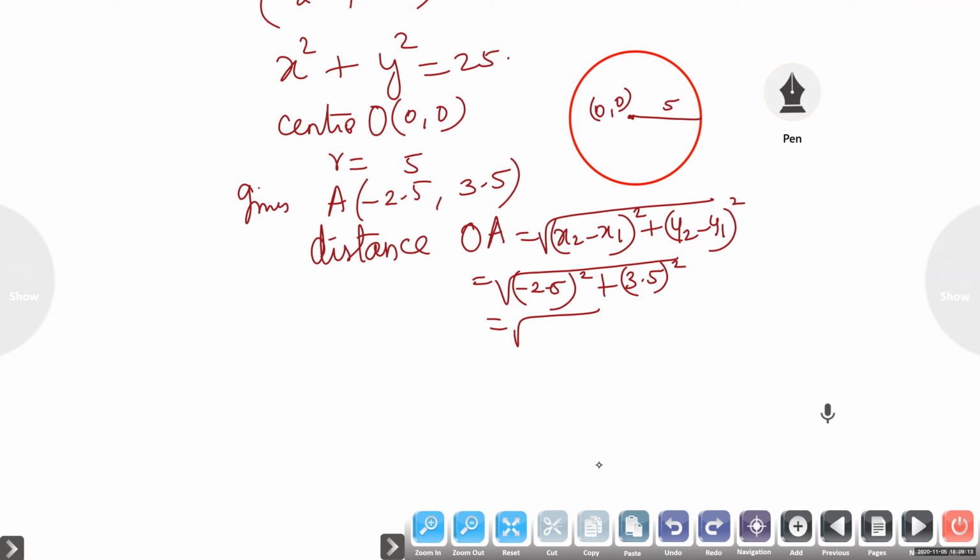What is 2.5 the whole square? 6.25. Then what about 3.5 the whole square? 12.25. So when you add this, root of 18.5.